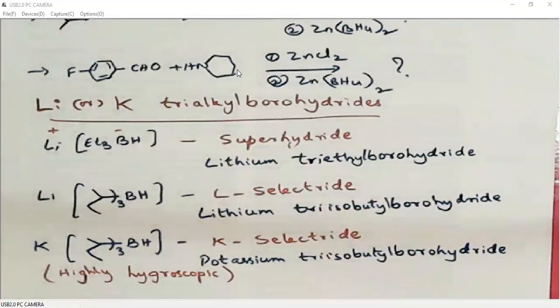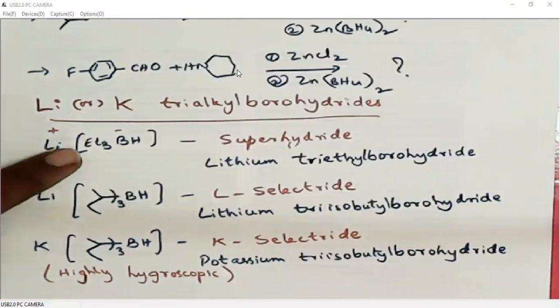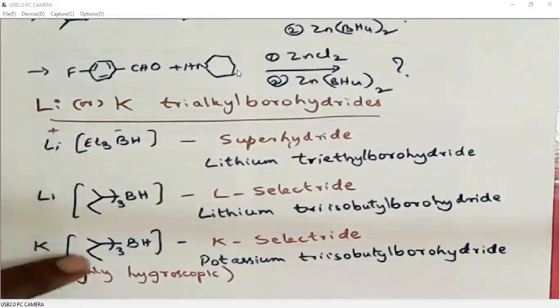And most importantly, the previous three borohydride reducing agents are solids, but these are liquids. They are solutions. Because of the alkyl parts, triethyl, triisobutyl, they are more like liquids. So we will have these reagents in the form of solutions.